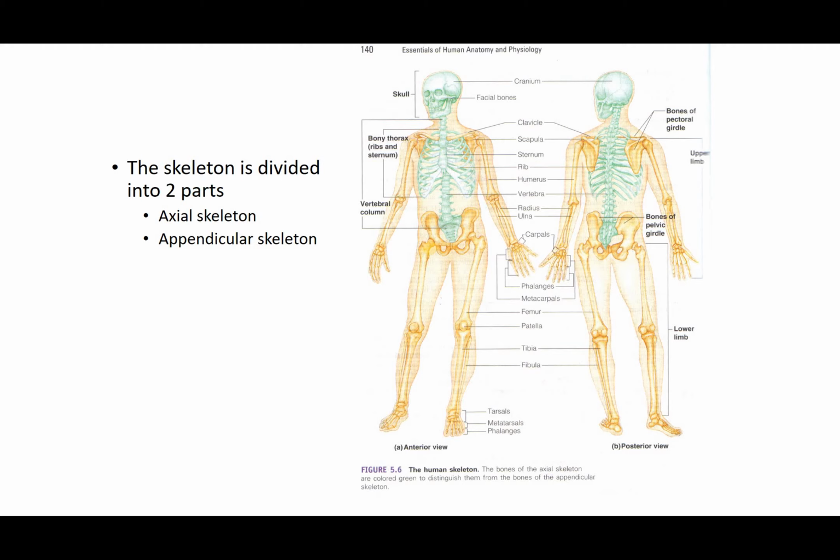For example, if one of the test questions says, of the following bones, which ones are found in the axial skeleton, and then I give you a list, be able to choose which ones are found in the axial or appendicular skeleton, depending on the way the question is worded.